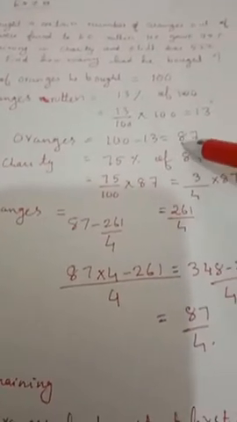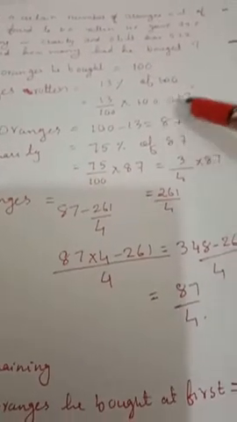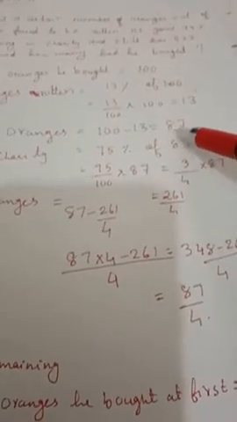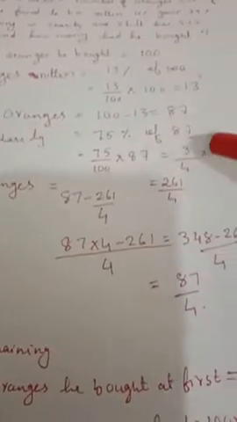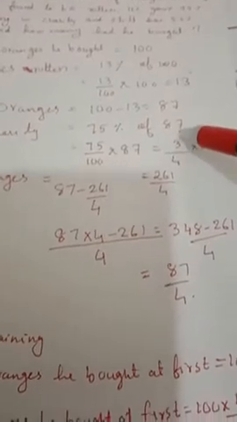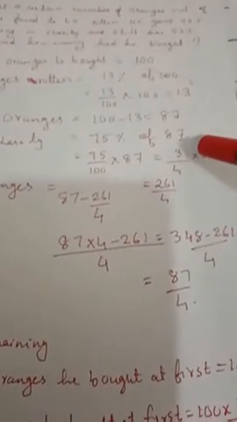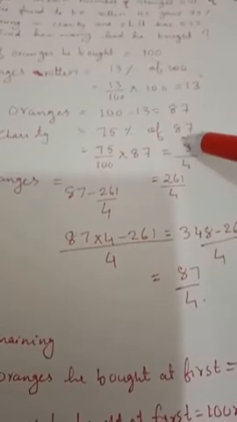And from these 87 oranges, 75 percent is given to charity. So the number of oranges given to charity is 75 percent of 87, not 100, because it is specified that it is from the remaining oranges.